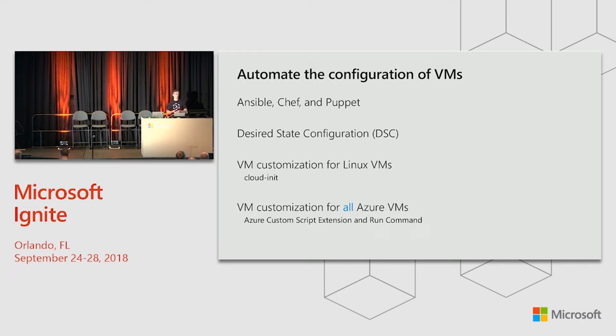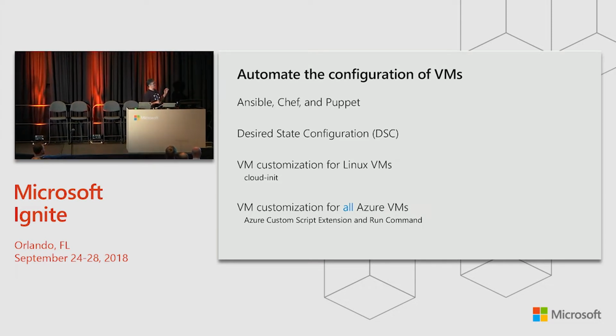Do they prefer one of them or maybe a mixture? You can actually use Chef and Puppet and use, for example, DSC resources inside of your work. You can also customize your Linux VMs during initial booting using Cloud Init. That's also supported for distributions that are available in Azure Marketplace for Linux.